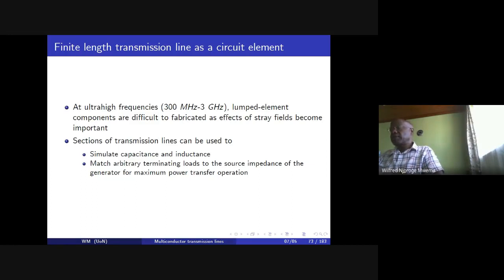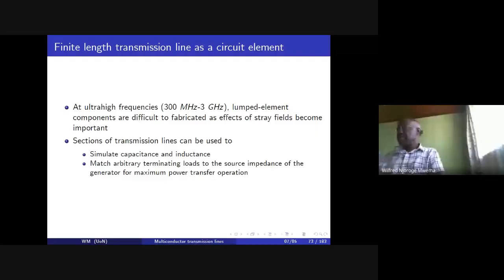From circuit theory, we saw that the power transferred will be maximum if the complex conjugate of the load is equal to the source impedance, and therefore we get maximum power transfer conditions from circuit theory.